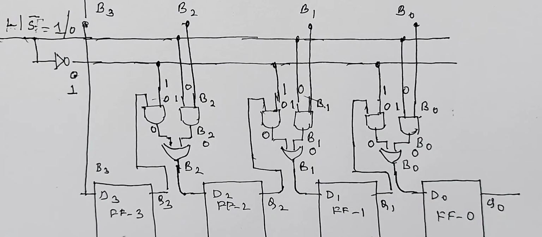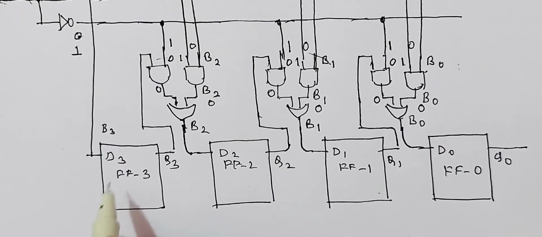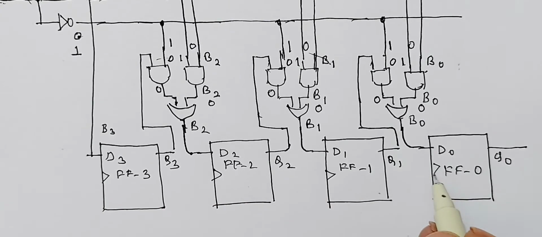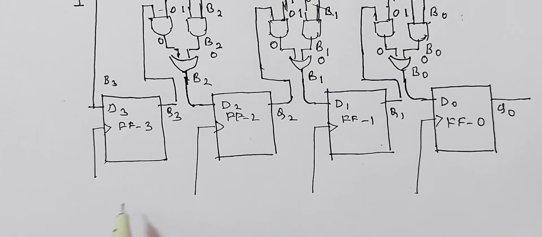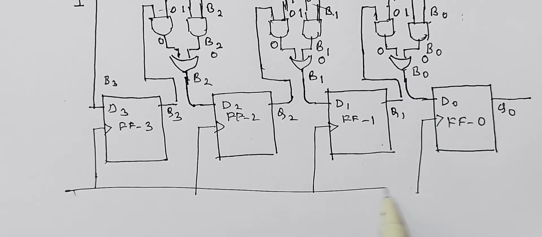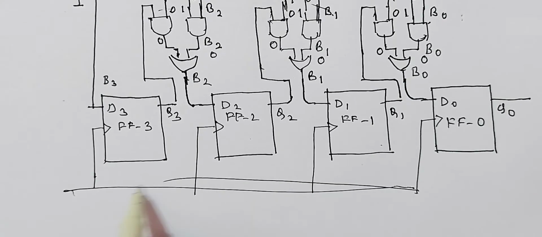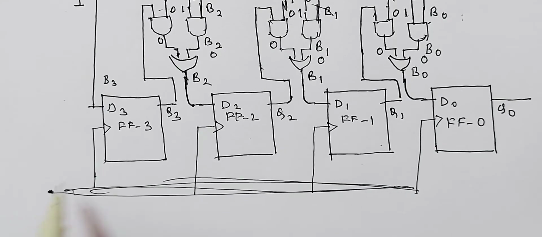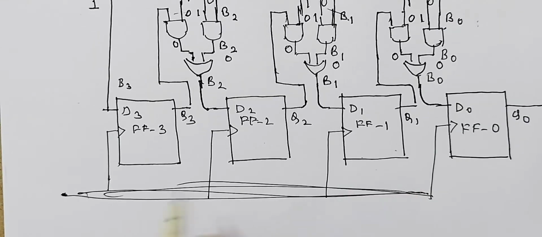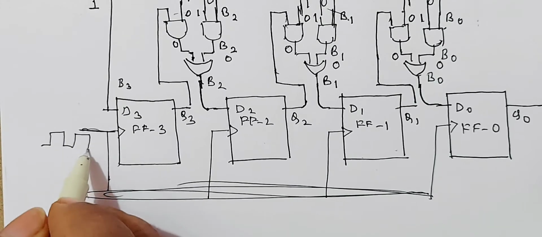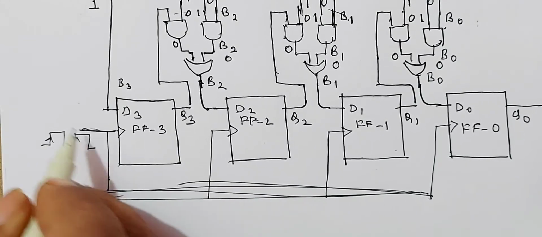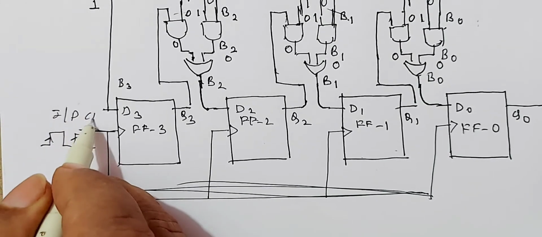Now, apply clock pulses simultaneously to all the flip-flops. During the shifting process, you need clock pulses. Therefore, apply clock pulses to all the 4 D-type flip-flops simultaneously. This is the input clock pulse.